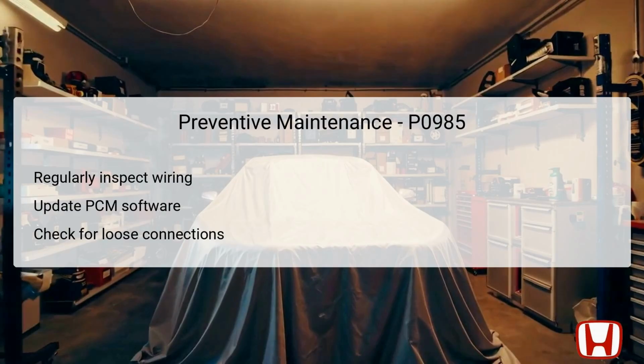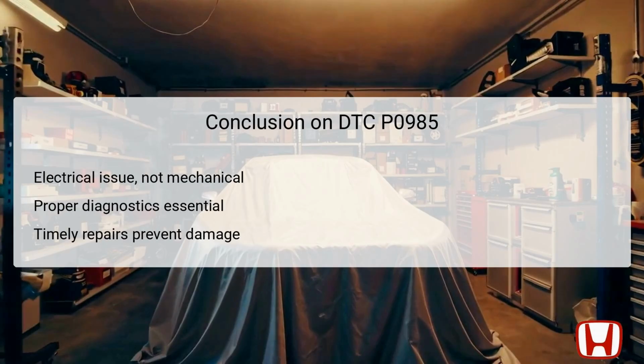diagnostic efforts. In conclusion, DTC P0985 is indicative of an electrical issue concerning the Shift Solenoid Valve E in Honda CRV vehicles from 2011 to 2016. Understanding that this DTC points to electrical circuit problems rather than mechanical failures in the transmission is essential for effective troubleshooting.